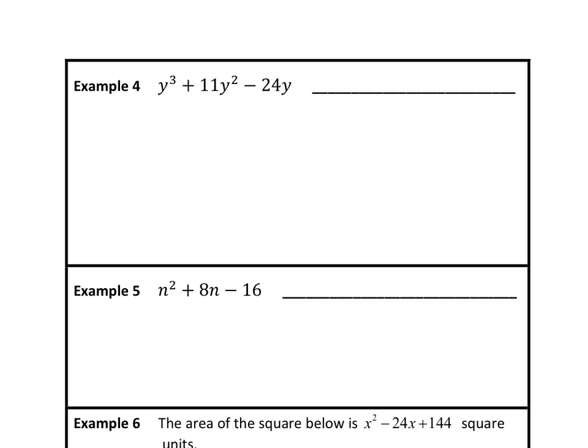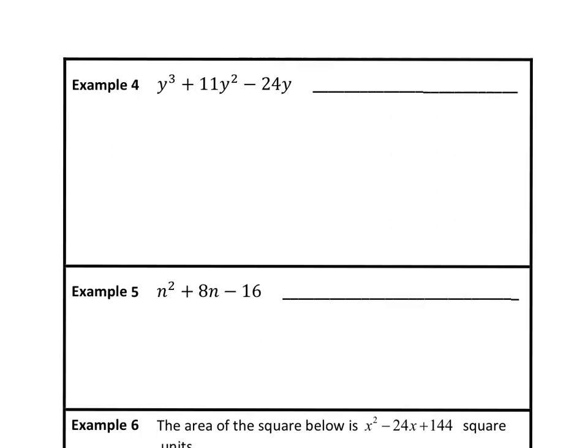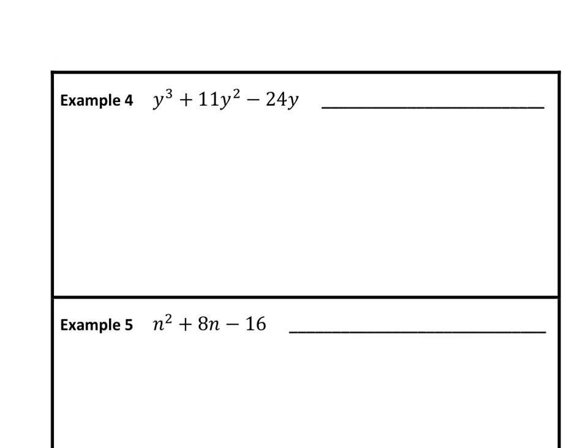Okay. So again, check to see, and let me zoom in a little bit. Check to see if we have a GCF. And it looks like they don't have any numbers in common, but they do have letters. They have at least one y in common. So I'm going to divide all these by y.